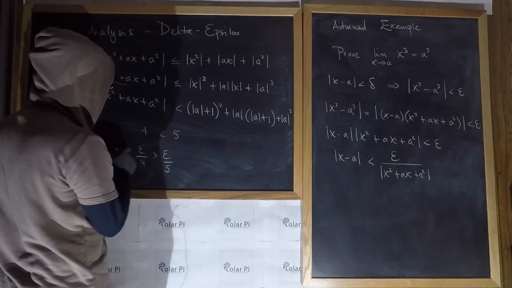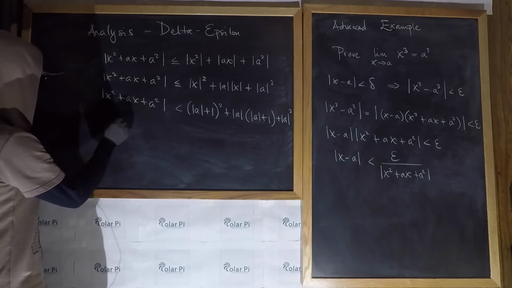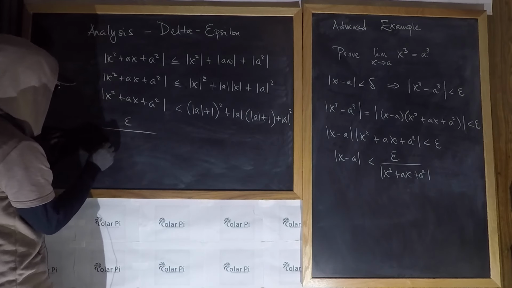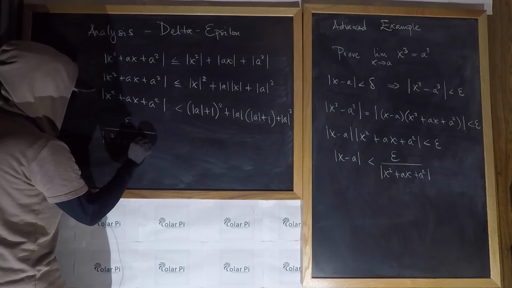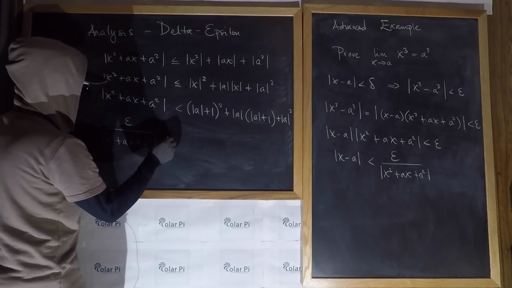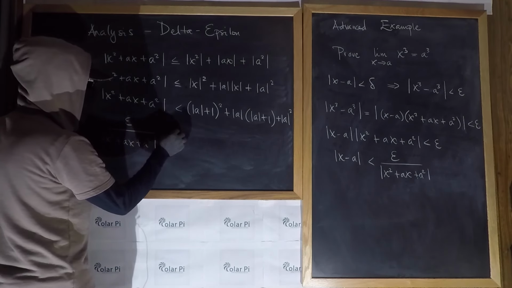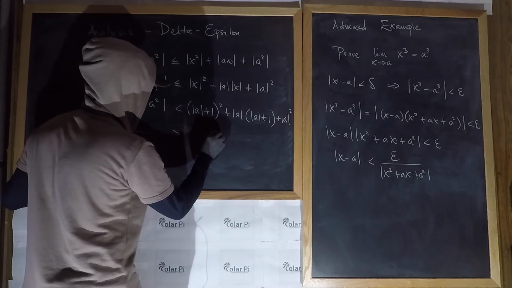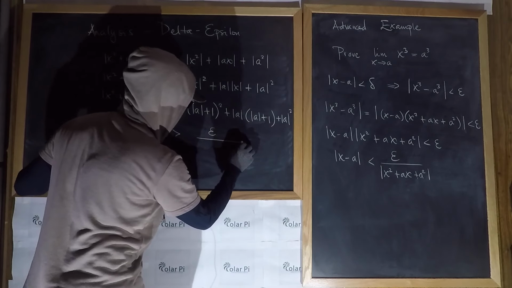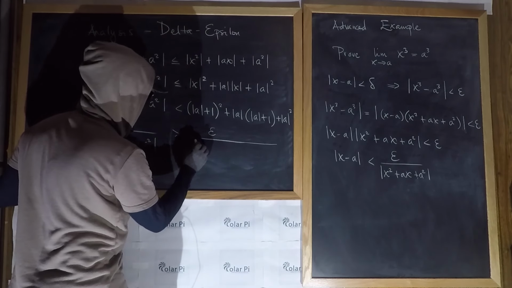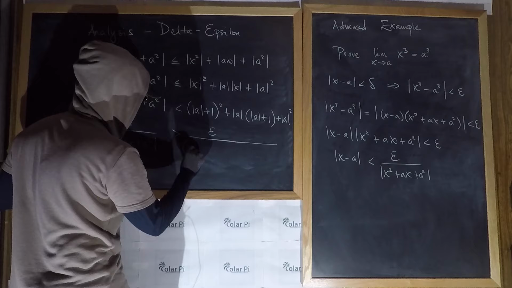Let me write it. Epsilon over the absolute value of x squared plus ax plus a squared is going to be bigger than epsilon over this expression. I wish I could just copy and paste it.